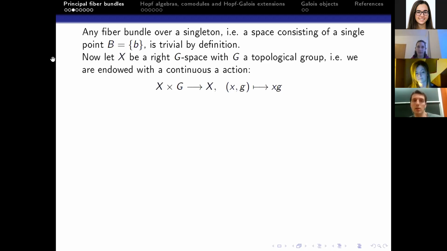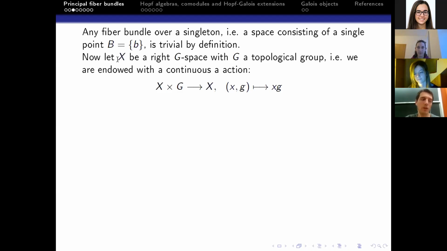Okay, but I want to study not just fiber bundles, but a particular type, a particular subcategory of bundles: the category of principal bundles.